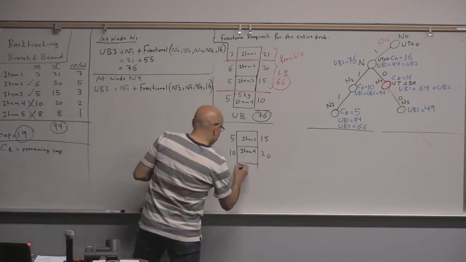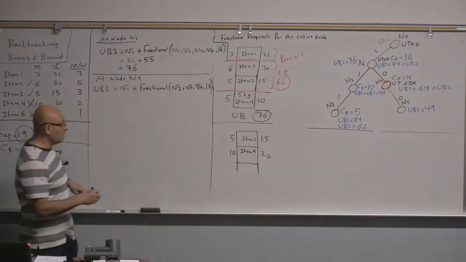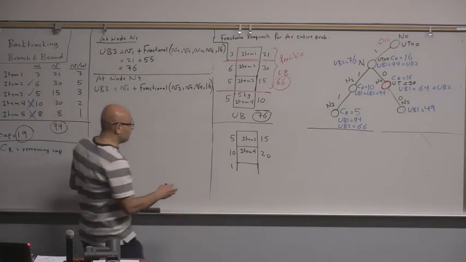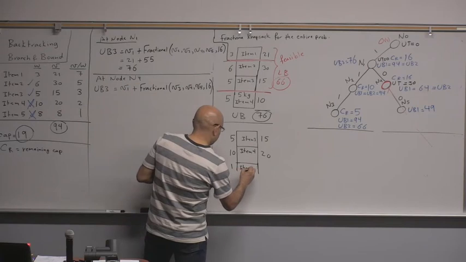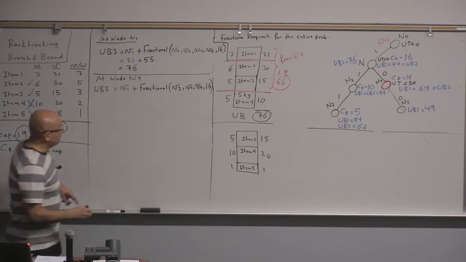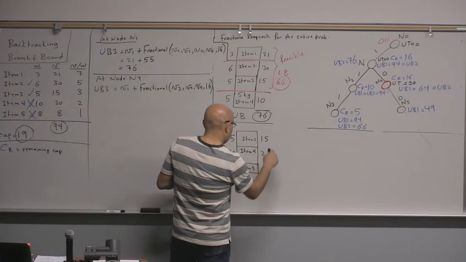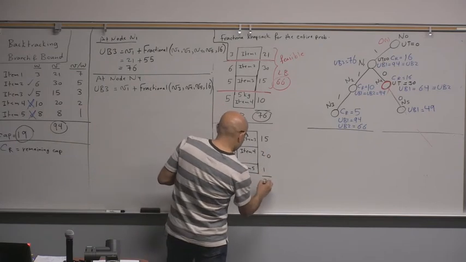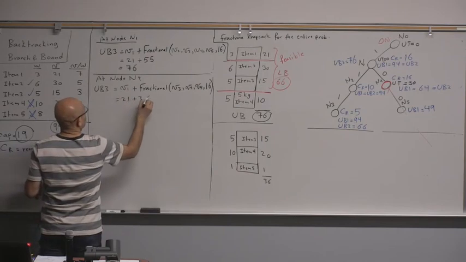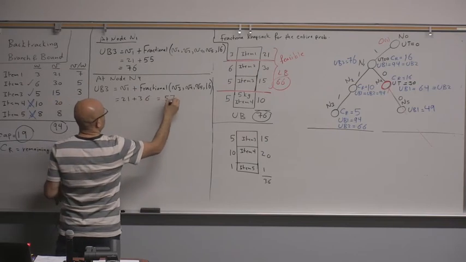And then how much room do we have left? 1. We can take 1 more kilogram, and that's going to be 1 kilogram of item 5 with a value of 1. So now what value will this give us? It's going to give us 36. So now we will have 21 plus 36, and that's going to be 57.